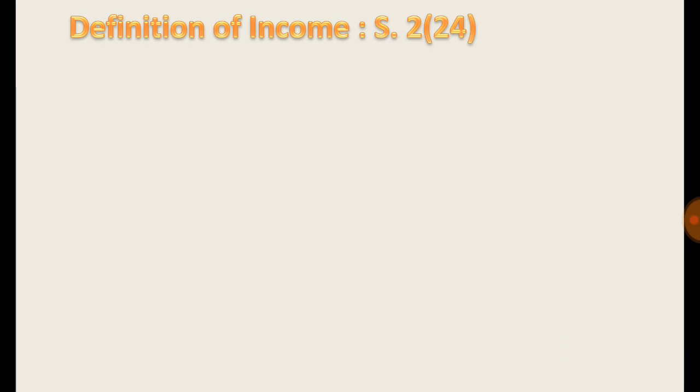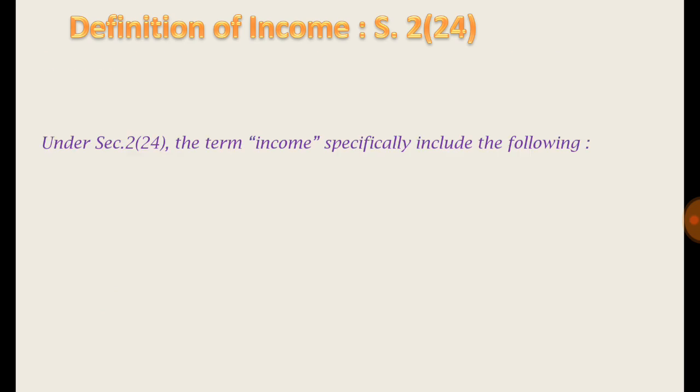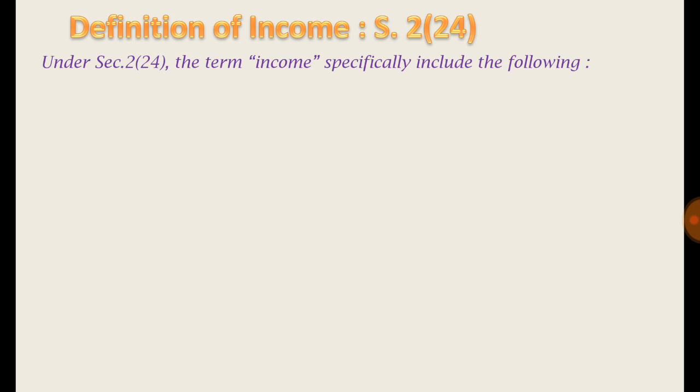So we must see the definition of income provided by the Income Tax Act. This is not an exhaustive definition, it is an inclusive definition, and it tries to include as many incomes as possible. So it includes the forms of income that a person may receive, and it also includes sources of income.